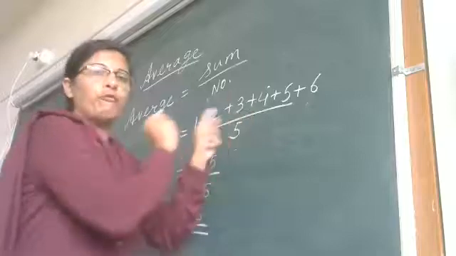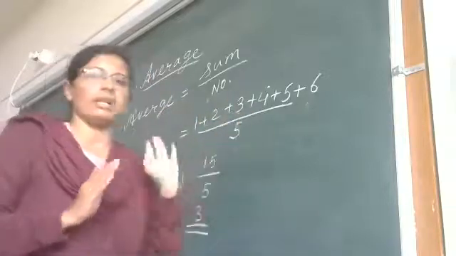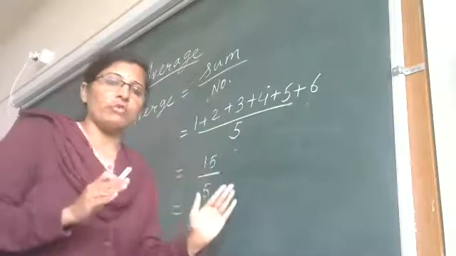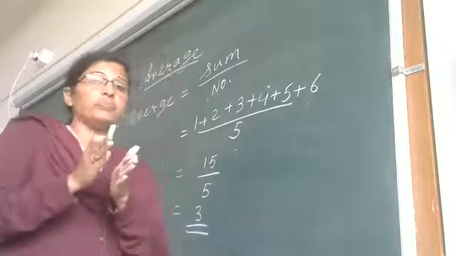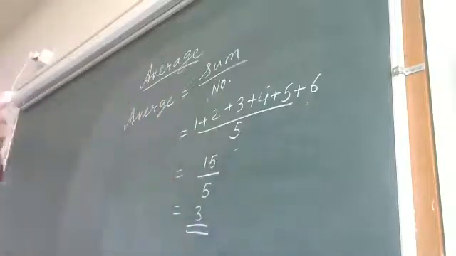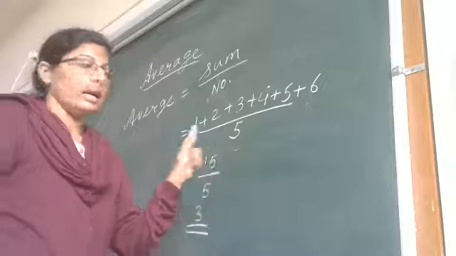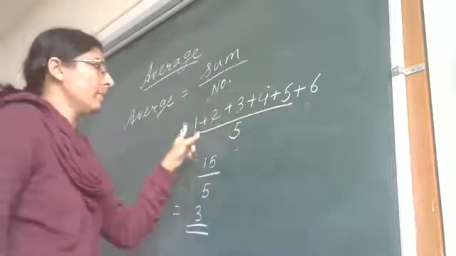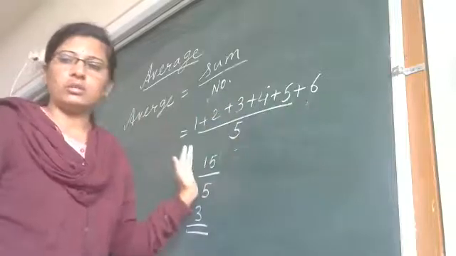It will come in between 3 and 4, yes, 3.5. Whenever we have to find the average, that means the central middle number, the middle value or central value, that time we have to use this formula. Average is equal to the total sum of whatever quantities are given, divided by the number of quantities. Understood?